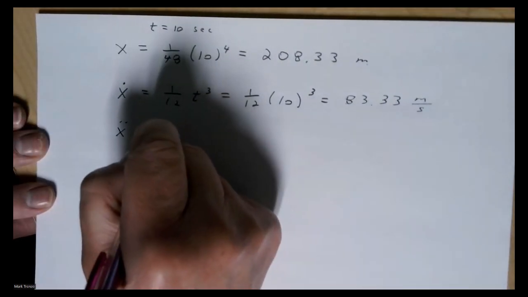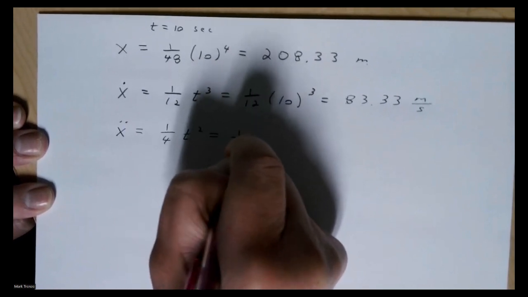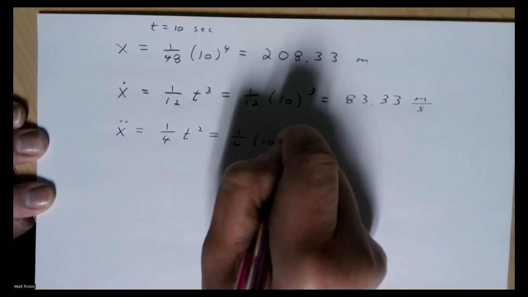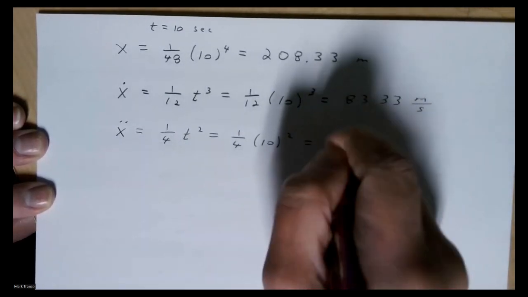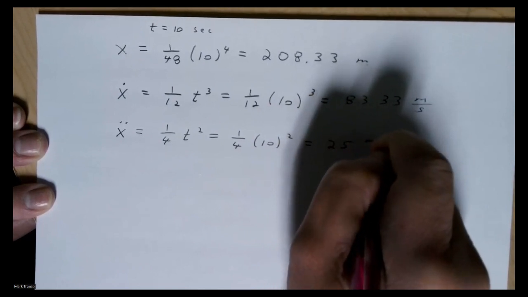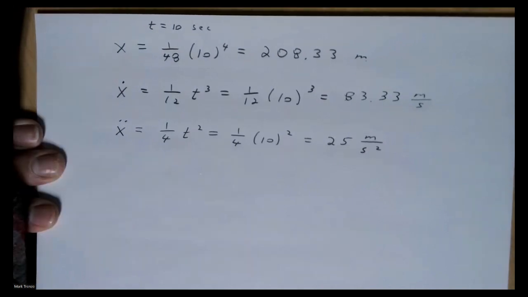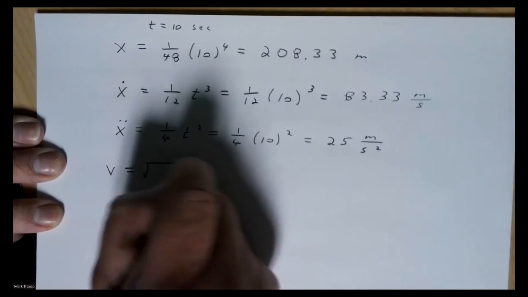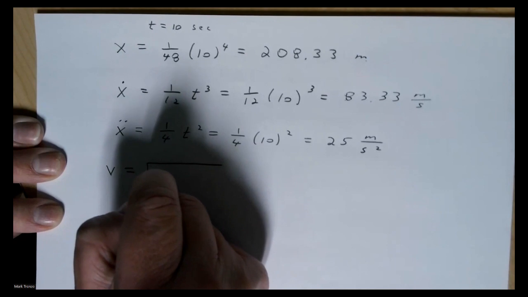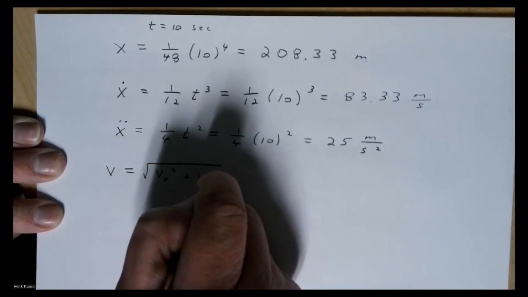Then finally, x double dot, that was our original acceleration that we were given. And that's going to be 1/4 t squared, 1/4 at 10 squared. That's going to be 100 divided by 4. So I guess that's just 25 meters per second squared. Finally, our velocity is going to be given by the velocity in the x direction squared plus the y direction squared.